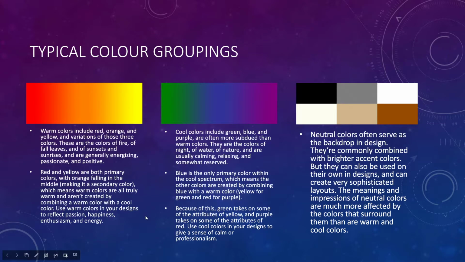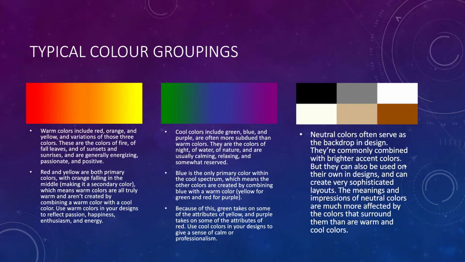Or if we were to say oceanic colours, the colours you think of when you think of the sea, you think of blues, greens, maybe some yellows for sand. Obviously you're going to be using a lot of blues and greens, and because blue-green has orange as its opposite, you would probably use an orange if you needed to. So, typical colour grouping.